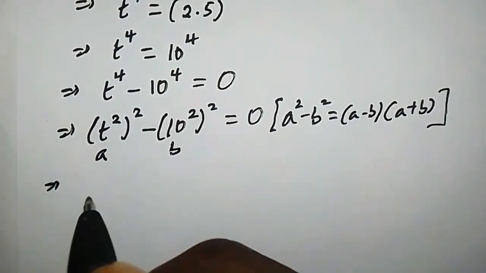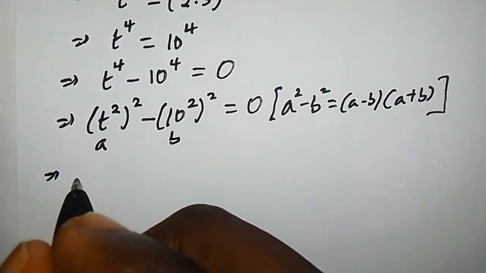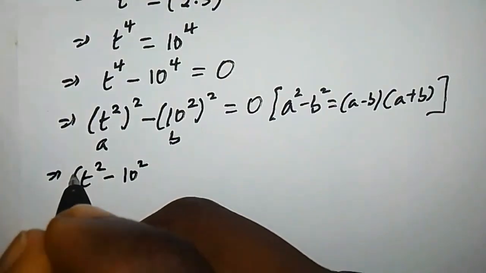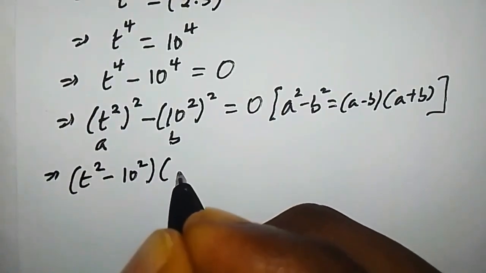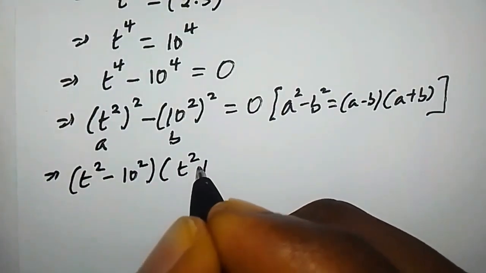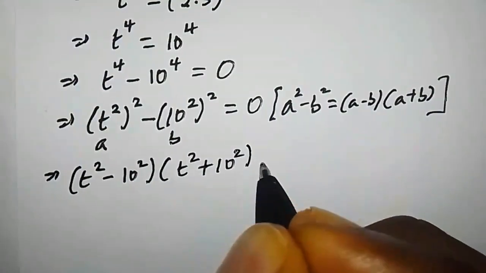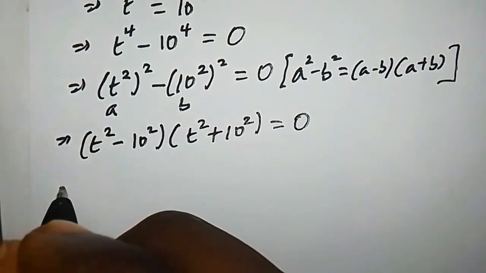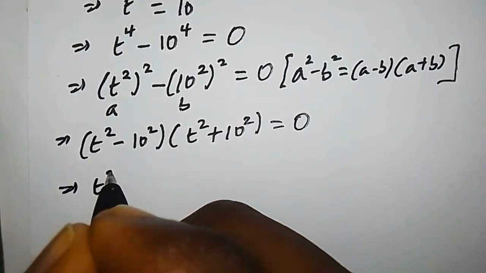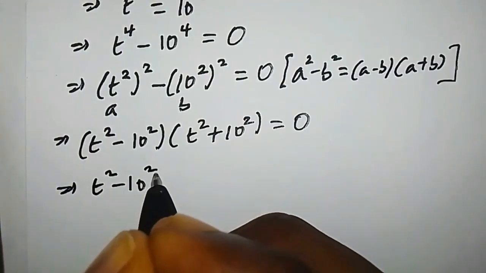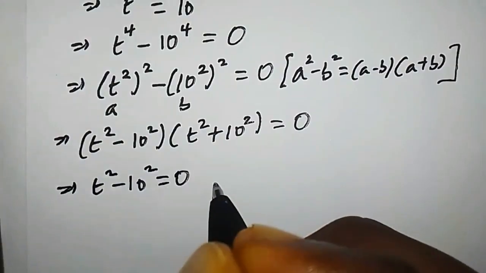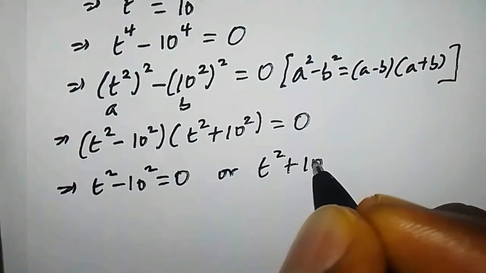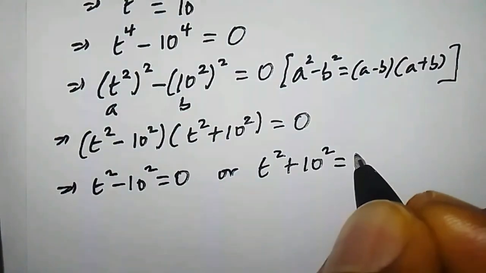So if we do that, we simply have (t^2 minus 10^2) times (t^2 plus 10^2) equal to 0. This implies that t^2 minus 10^2 is equal to 0, or t^2 plus 10^2 is equal to 0.